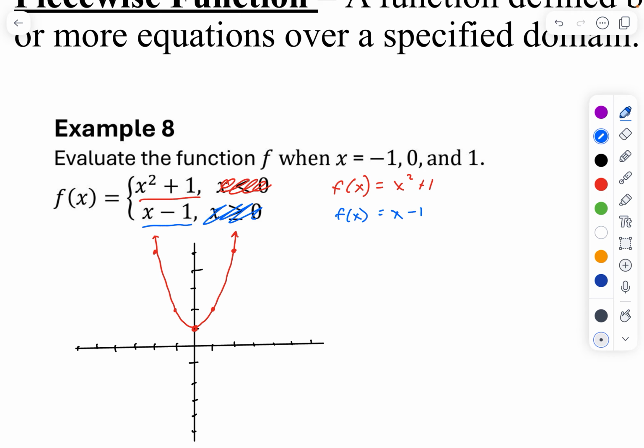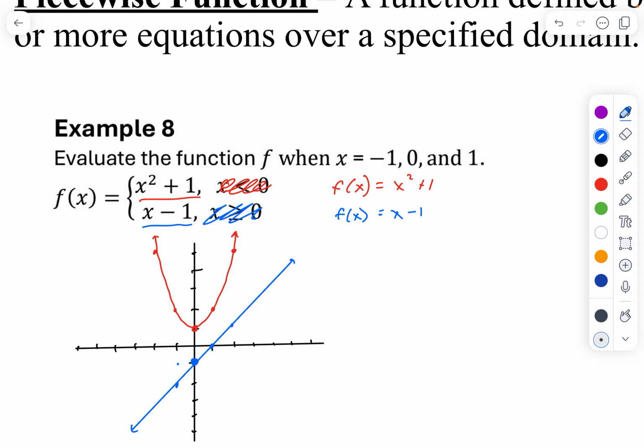So first obstacle that we have is determining, am I working in the top, quadratic, the red one, or am I working at the bottom, the blue one, the line? And we just have to ask ourselves, if x is equal to -1, is it the top that's true or is it the bottom that's true?